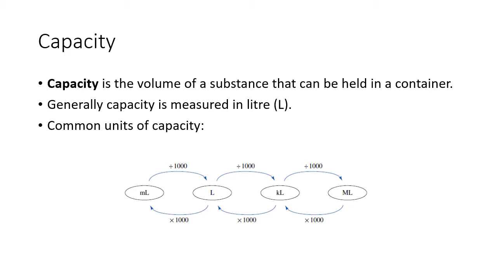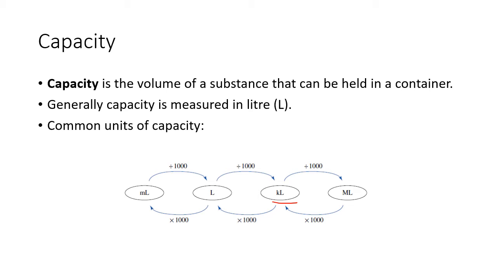Just to be extra confusing, these units that we see in terms of capacity, so litres and kilolitres and things like that, are really interchangeable with units of volume, and you often will see them being interchanged anyway. When people are talking about kilolitres, 1,000 litres is the same as a cubic metre.